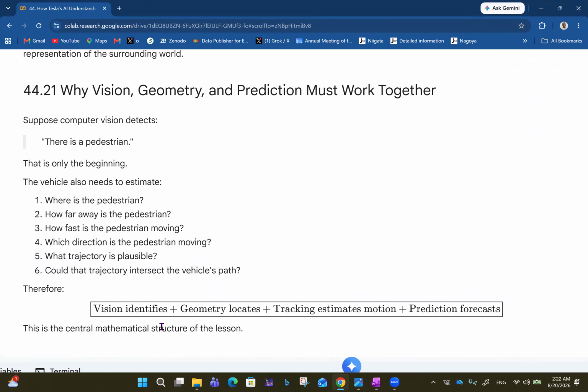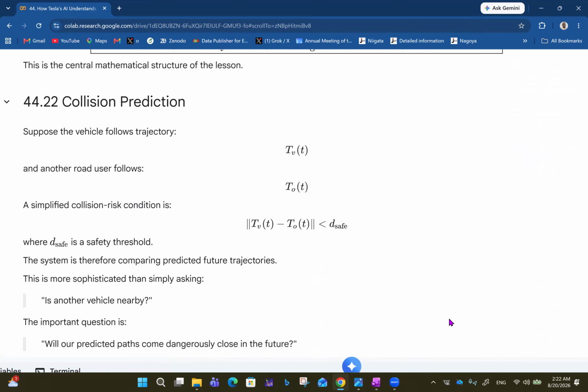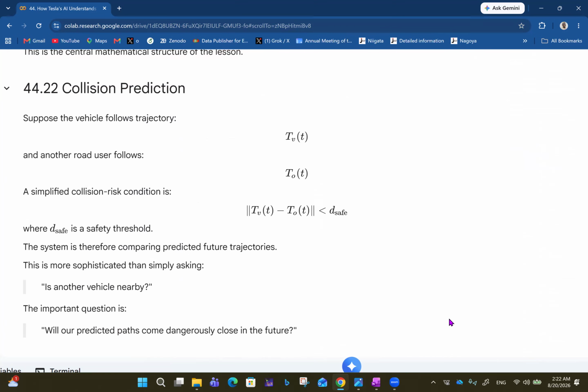Therefore, vision identifies, geometry locates, tracking estimates motion, and prediction forecasts. So this is the central mathematical structure of the lesson. Vision for identification, geometry for location, tracking for estimating motion, and prediction can tell what exactly is going to happen next. And then the car itself behaves according to the information.